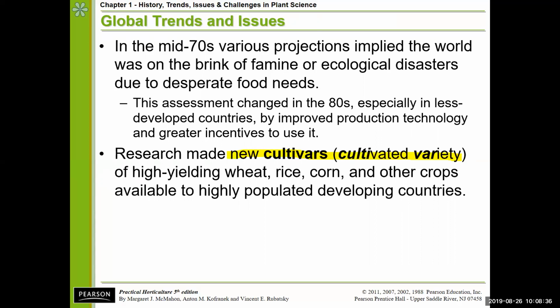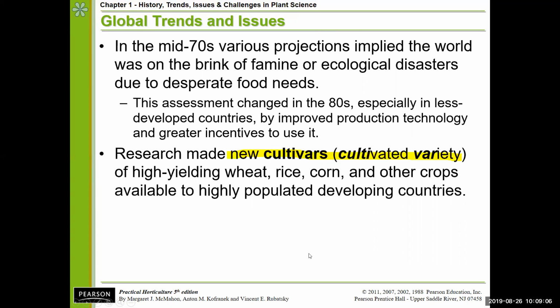With Vavilov's research, it's used to take the germplasm from those centers of origin and centers of diversity, gain the genetic advantage of the wild relatives, and incorporate things like disease resistance or drought tolerance into the crops by breeding. So we get this term, cultivars, or cultivated variety.